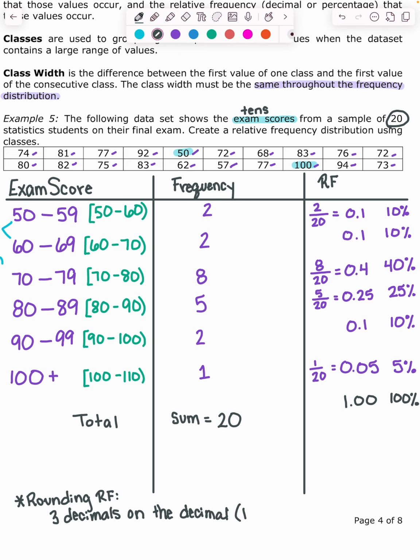So that's rounding to the 1,000th. That way, when you turn it into a percentage, your percentage has 1 decimal.